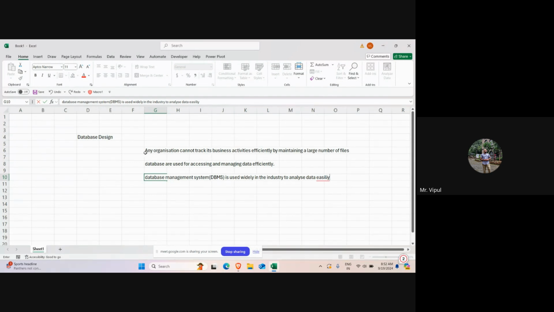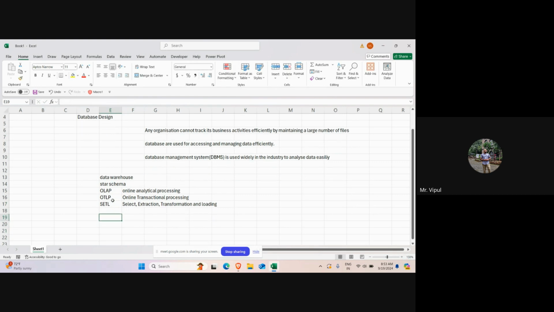So you will be introduced to the concepts of data warehouse, star schema, OLAP, which is online analytical processing, then OLTP, online transactional processing, ETL, which is selection, extraction, transformation, and loading.